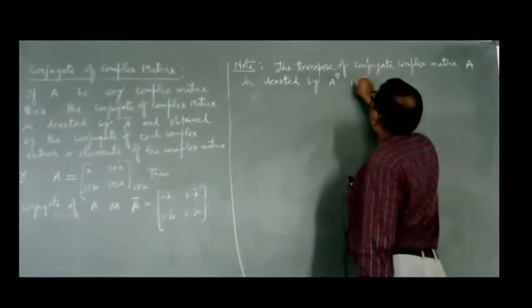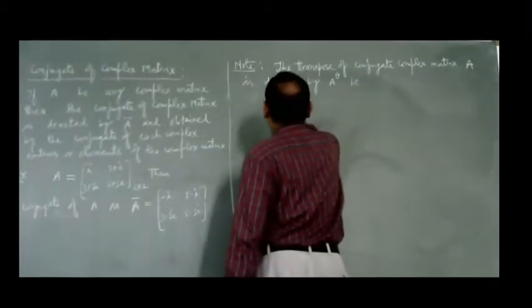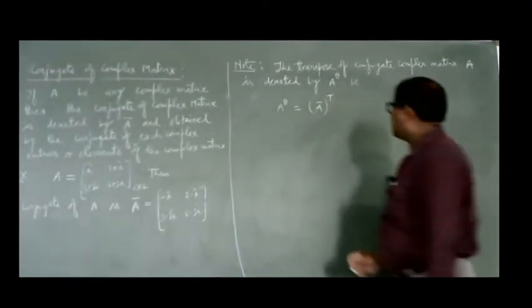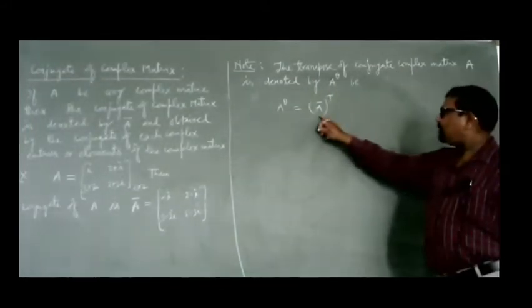That is, A theta is nothing but the conjugate transpose of the complex matrix.